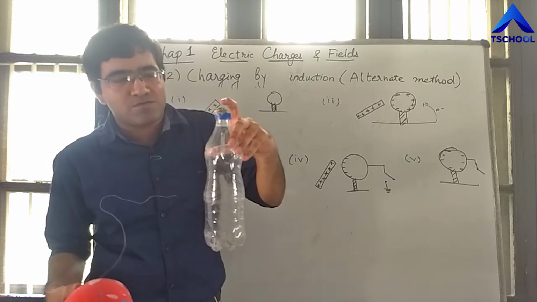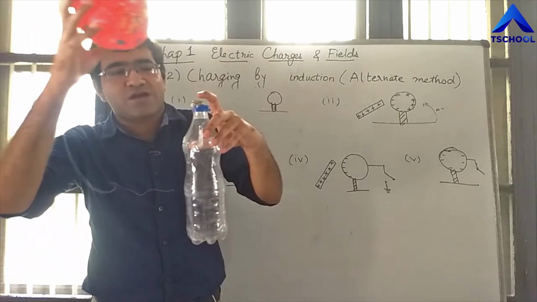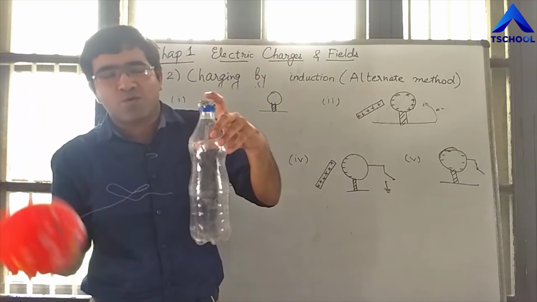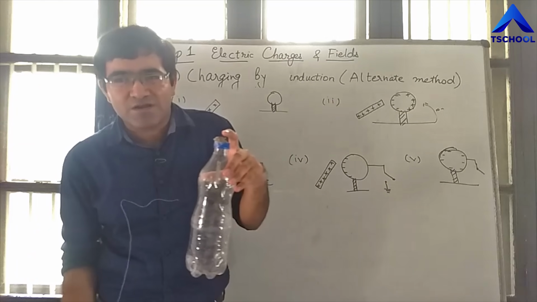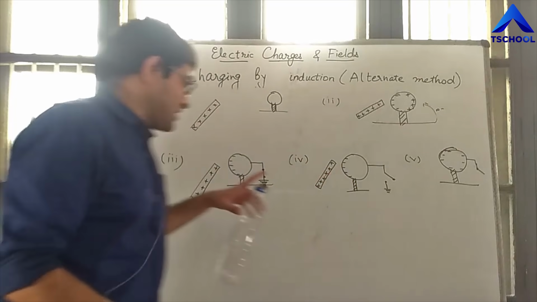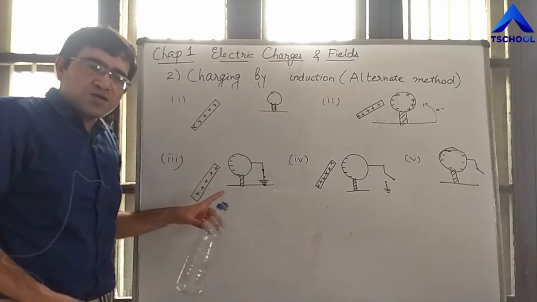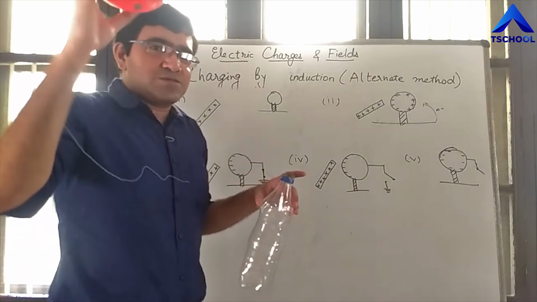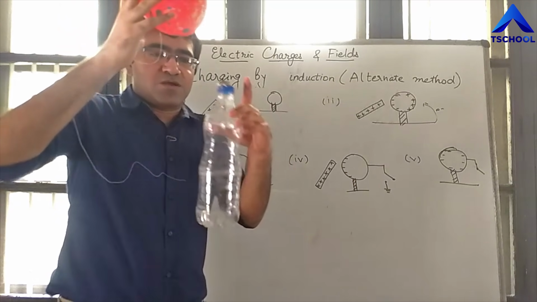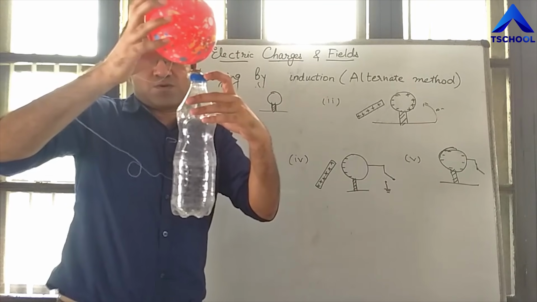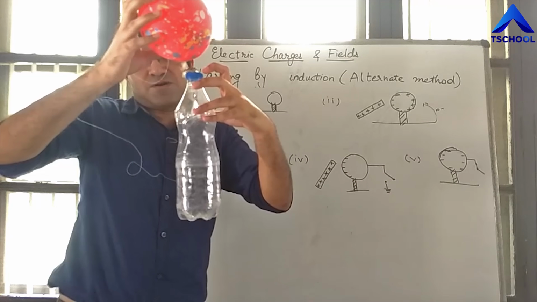Because I am grounding it, charges will get neutralized, just like it happens in this diagram 3. Okay, so again the idea is we have got this object charged and bringing it close to this surface, but it's not touching it yet.